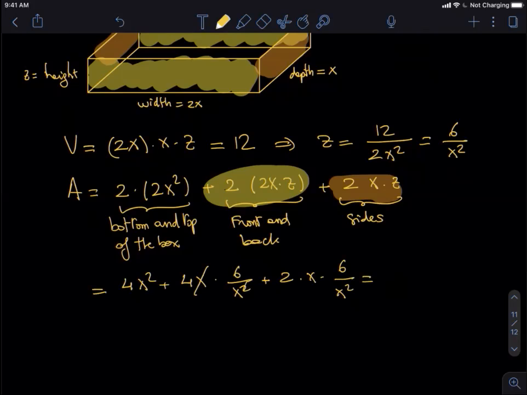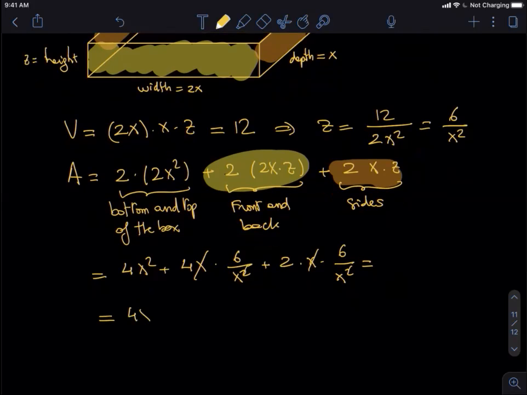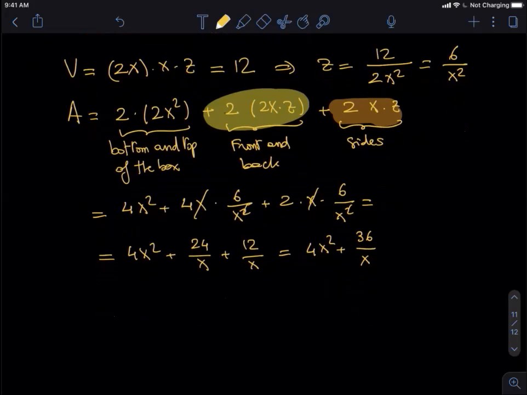There's a cancellation there. So we have 4x squared plus 24 divided by x plus 12 divided by x. So that makes 4x squared plus 36 divided by x. So let's minimize this function.